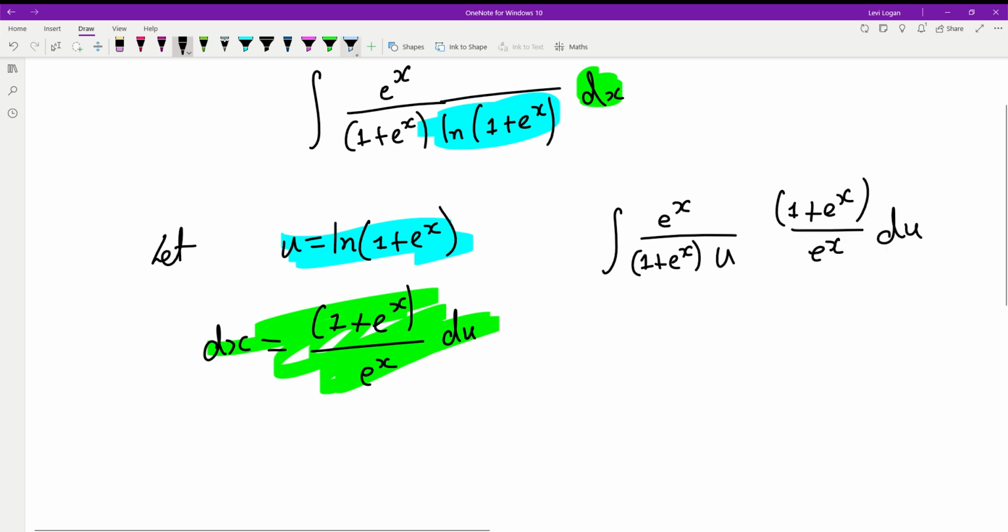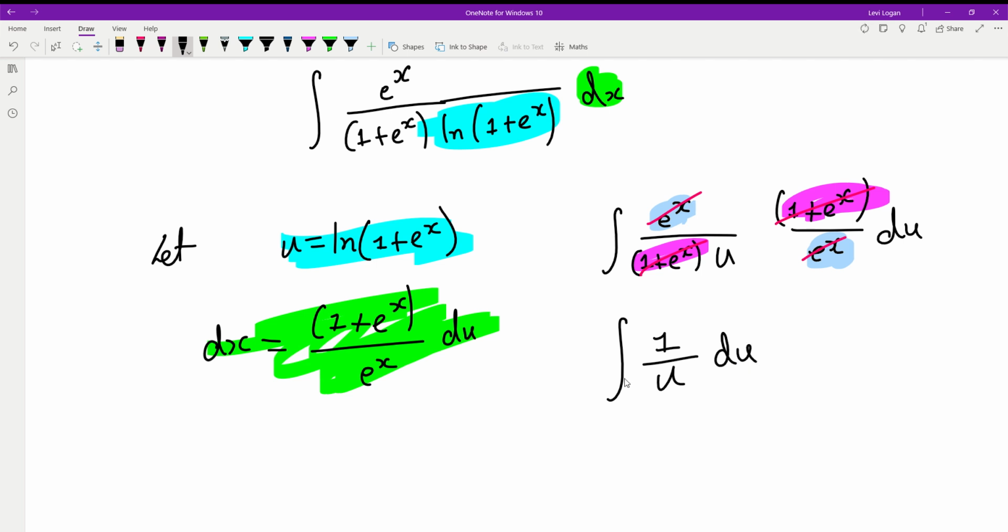Now you can see straight away that's the same as that, except it's 1 over, and this is exactly the same as this. So those two cancel out, and those two cancel out. So what you're left with is the integral of 1 over u du.